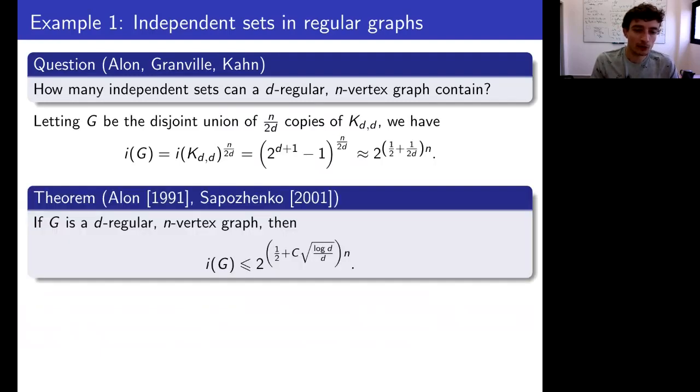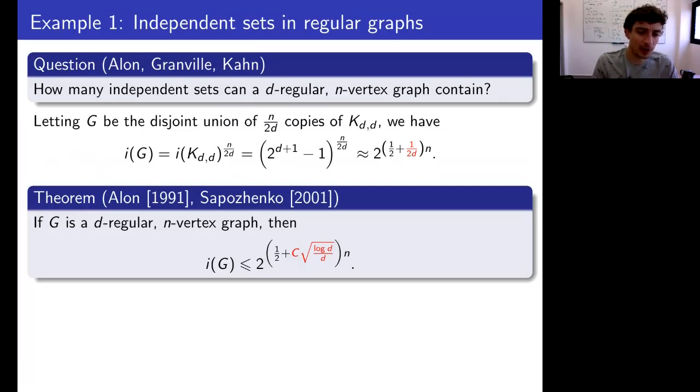And what was proved by Alon and Sapozhenko is that this is essentially close to best possible. So if the regularity d goes to infinity, then the number of independent sets in a d-regular graph can never be more than 2 to the power (1/2 plus something that tends to 0 with d) times n. So the only discrepancy here is the rate of convergence of this error term to 0 as d tends to infinity.